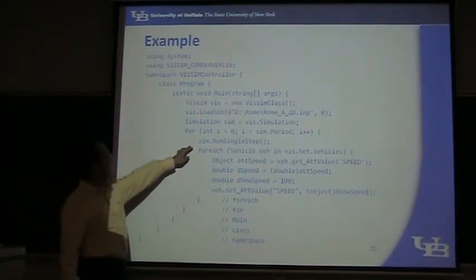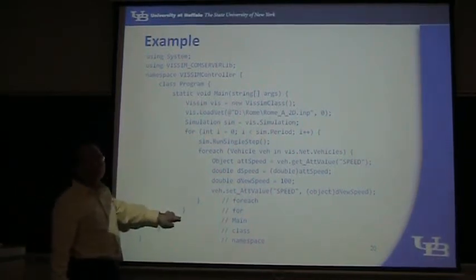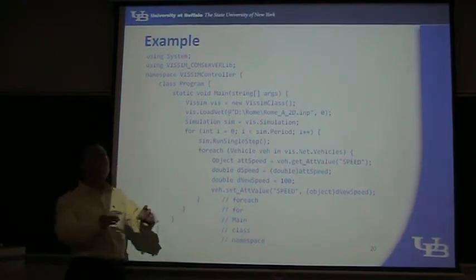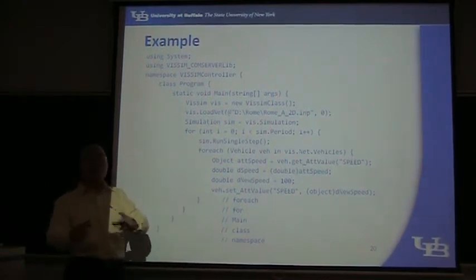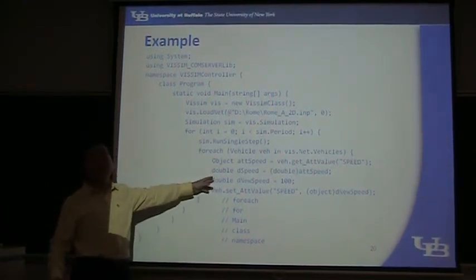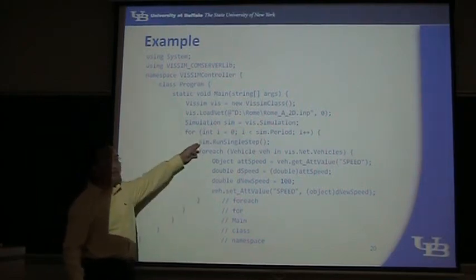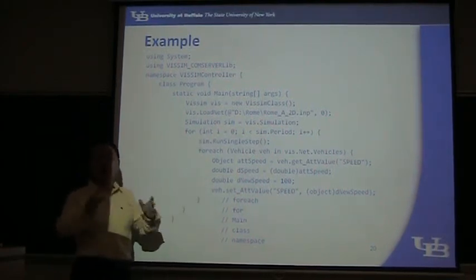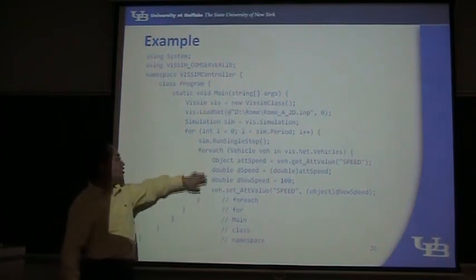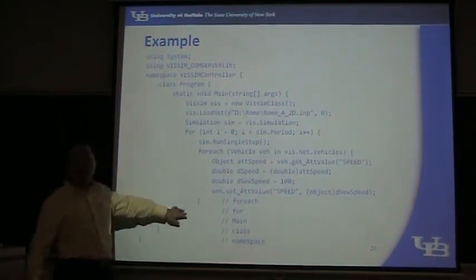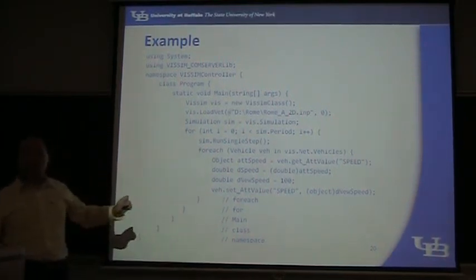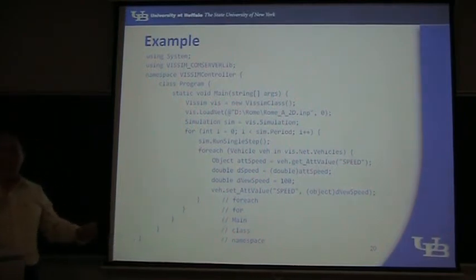It's for a single step. So here is a loop. You run the simulation for one step, then you modify all the speeds. Then you run another step, and you still override all the speeds. So this is done for every single step. Is that what you ask?